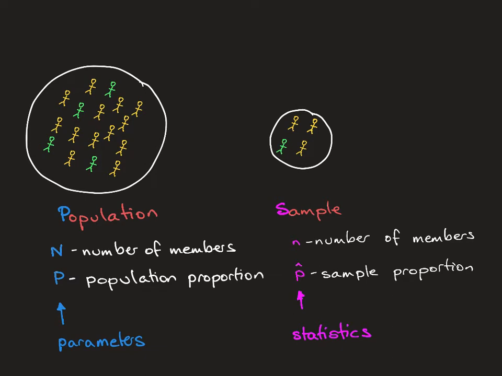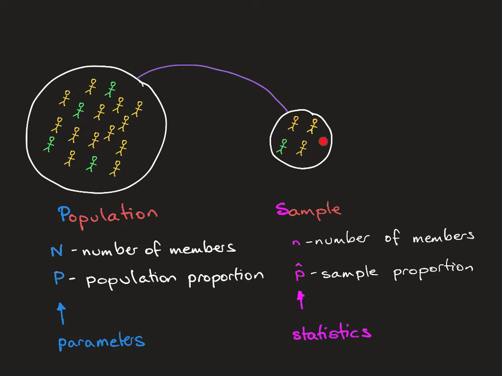So to summarise what we've got so far, we have a population, and I've squeezed the whole population into this particular circle. So this is our population. And our population has a particular number of members, and the population has a particular proportion of whatever characteristic it is that we're interested in. And from this population, we take a sample.